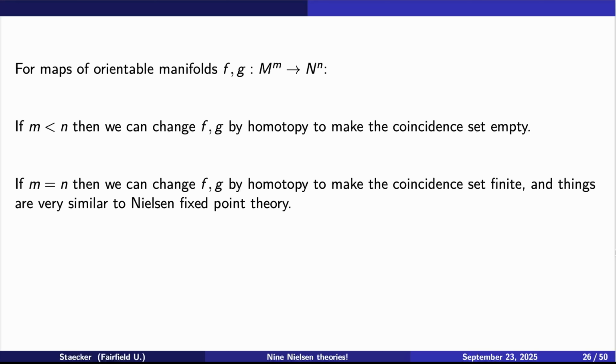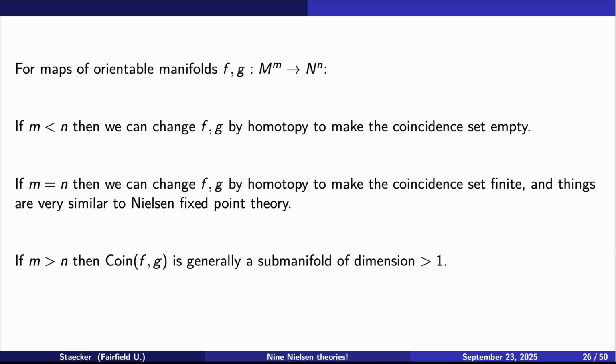And then you do things that are very similar to Nielsen fixed point theory. And if the domain dimension is larger, then generally you can't make it finite points because it's a submanifold of dimension, I should say, greater or equal to 1, all right? This is the positive codimension case, which is very different. And I personally actually don't know very much about this, all right?